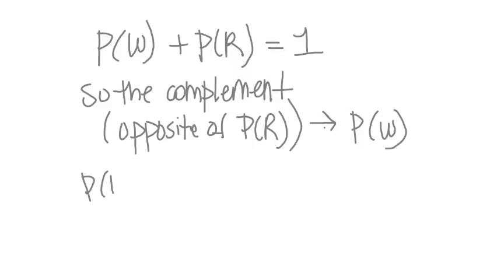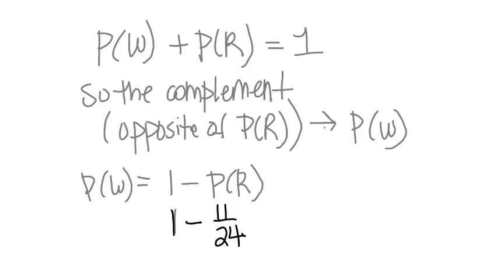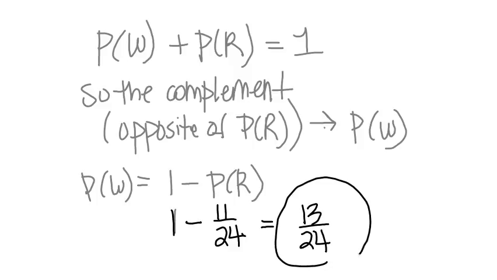That means that the probability of picking a white marble, regardless of which box I get it from, is 1 minus the probability that I just figured out about picking a red. Well, we just figured that out, didn't we? It was 11/24. So 1 minus 11/24 is going to give me 13/24. And there's no need for me to figure it all out again.